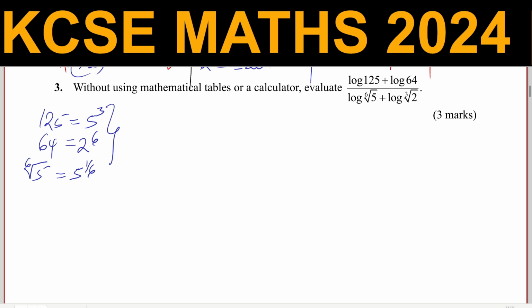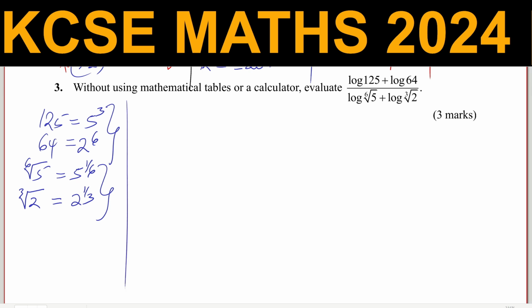And then plus logarithm of the cube root of 2. The cube root of 2, you can write it like this, removing the cube root sign, as 2 raised to the power of 1 over 3. Now having these two for the numerator and the denominator, we can simply substitute and see what we are able to simplify.